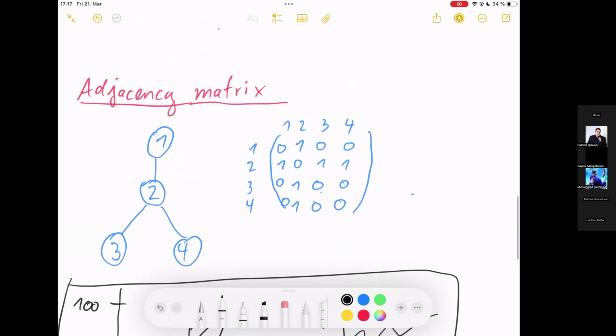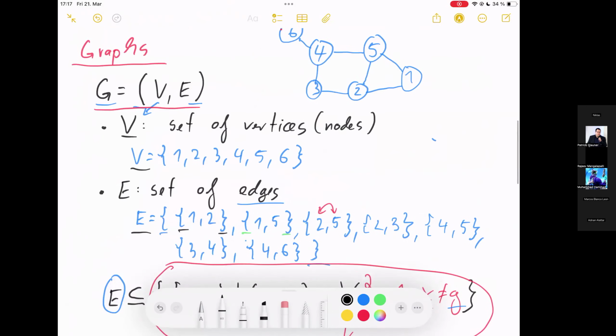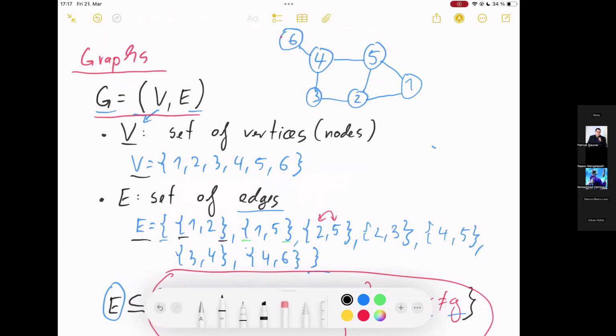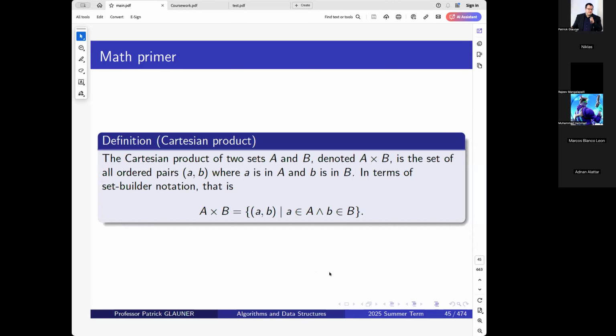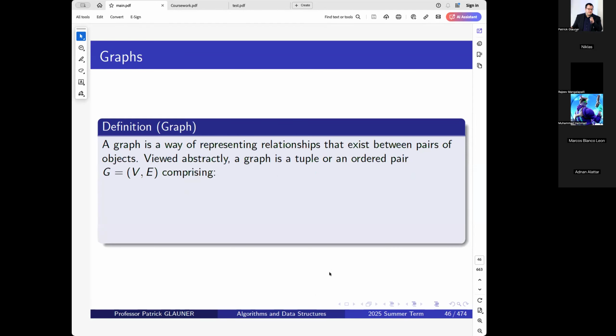So your homework is that you need to be able to map between the adjacency matrix and this formal graph notation. And if you take a look into our slides, to which I'm just switching back, you find all of what we have done now in the slides. So we've looked at the Cartesian product. The example is something I came up with spontaneously.